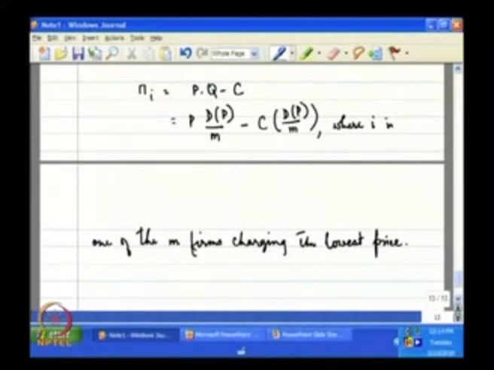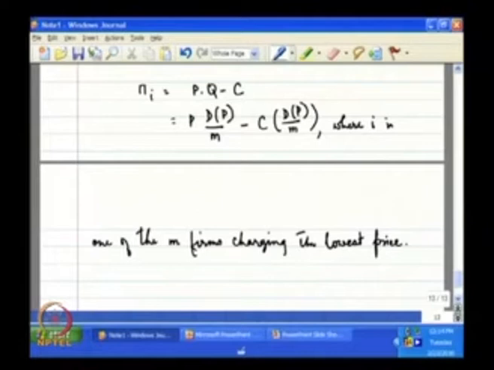Firm i is charging price P. If firm i is one of the M firms which are charging the lowest price, then the demand in the market is going to be divided between these M firms. Each firm will get the total demand in the market divided by M, because the market is being shared equally.